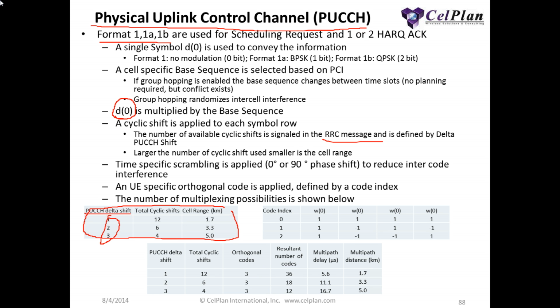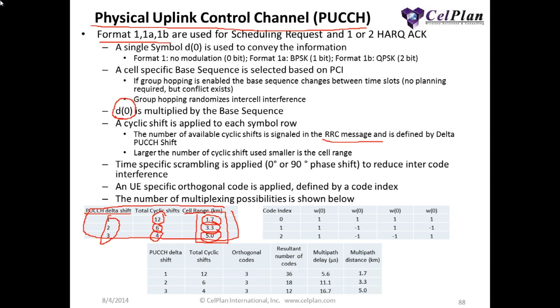1 corresponds to a cyclic shift of 12, of 6, or of 4, and this basically is established by the cell range. Okay, so by establishing this by the cell range, that is limited to 5 kilometers in reality, we know which of these delta shifts the cell should send.